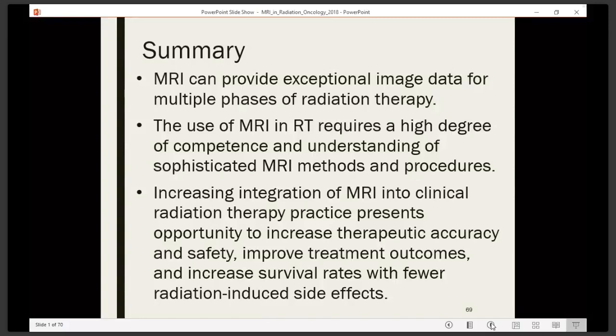Increasing integration of MRI into clinical radiation therapy gives us the opportunity to increase therapeutic accuracy and safety, improve treatment outcomes, and increase survival rates with fewer radiation-induced side effects. But these are early days, and we're still trying to figure out the best approaches for different types of treatments on different body parts with different types of tumors. There's still a lot left to be learned.